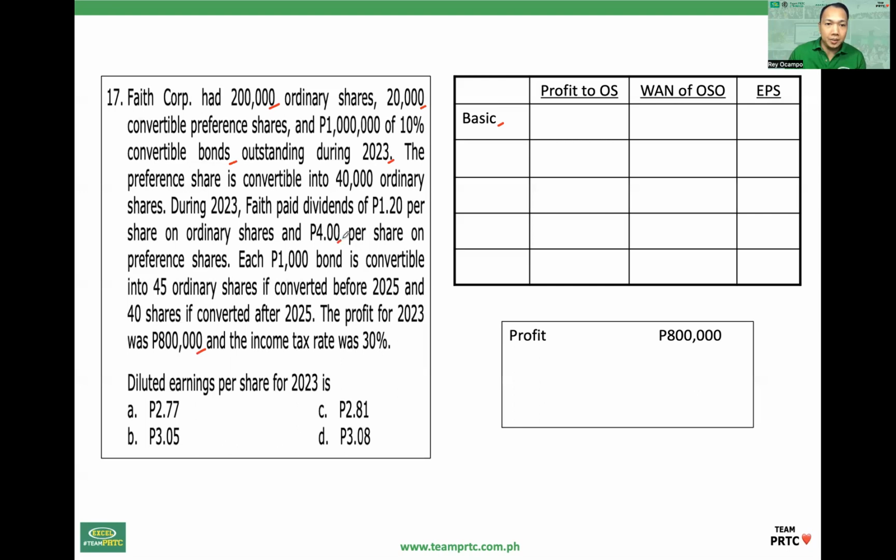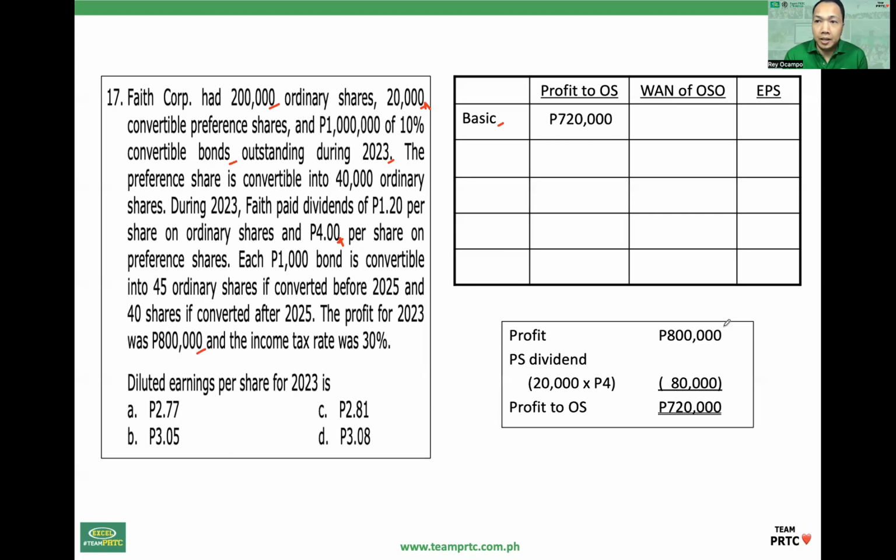So minus natin yung PS dividend. So 20,000 times 4. Okay, so 4 per share, 20,000 PS. Okay, so the rest, that's the profit to ordinary. Okay, so numerator, profit to ordinary shareholders.